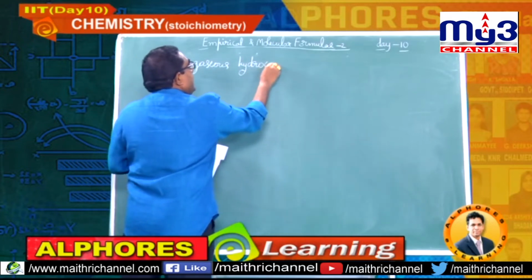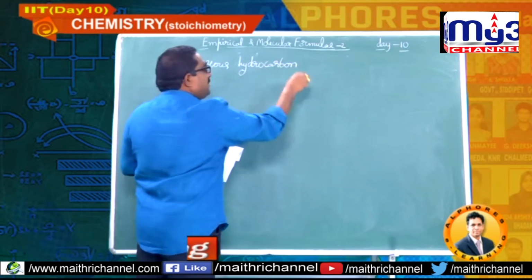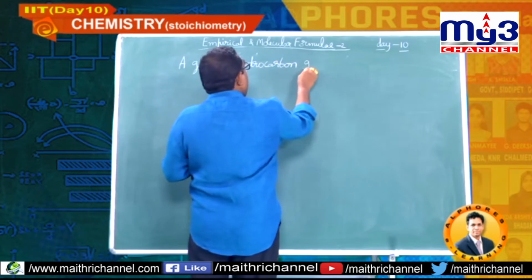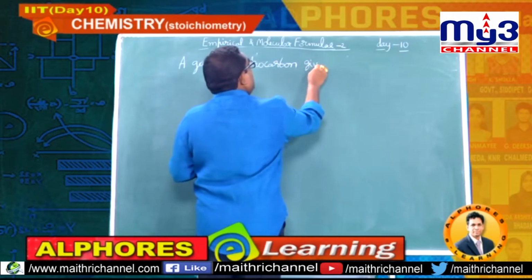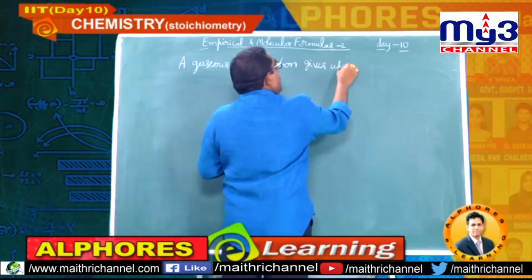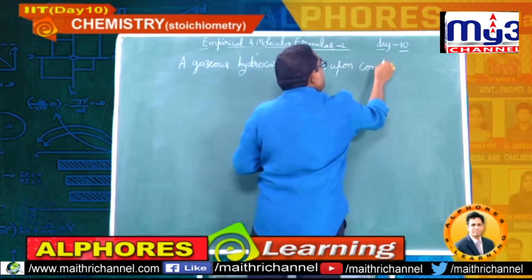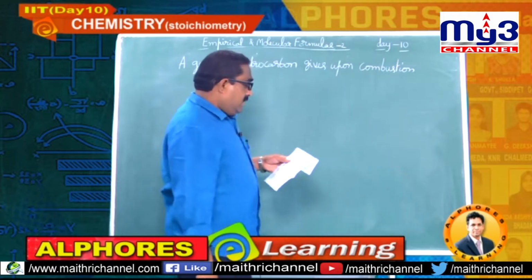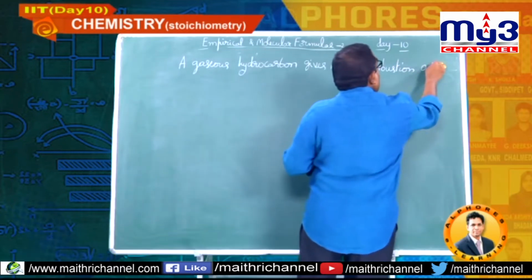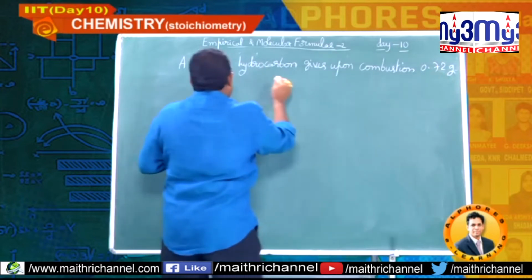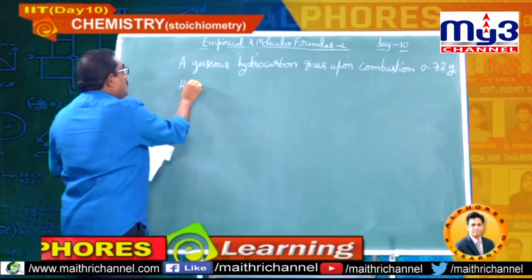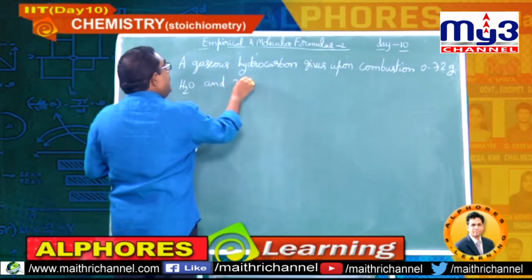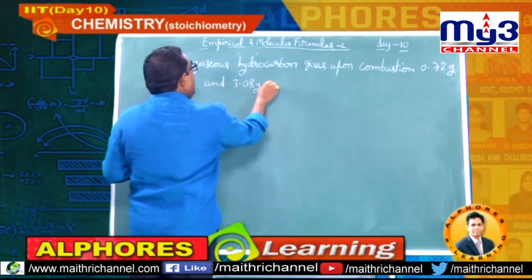A gaseous hydrocarbon means the compound contains only carbon and hydrogen. It gives, upon combustion, 0.72 grams H2O and 3.08 grams CO2.